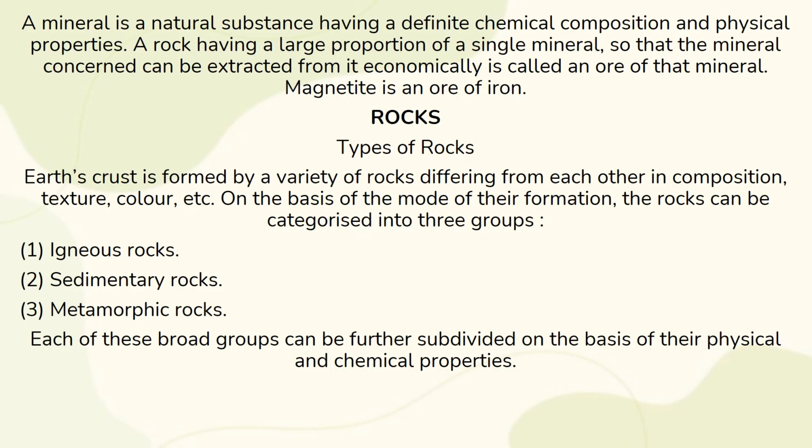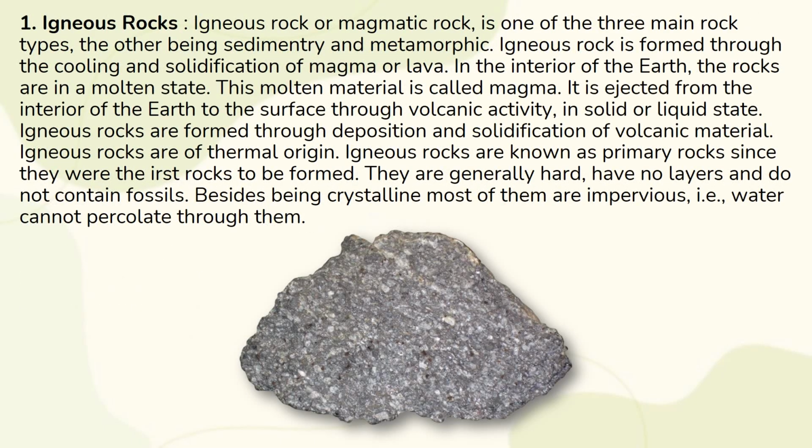1. Igneous rocks. Igneous rock or magmatic rock is one of the three main rock types, the other being sedimentary and metamorphic. Igneous rock is formed through the cooling and solidification of magma or lava. In the interior of the earth, the rocks are in a molten state.